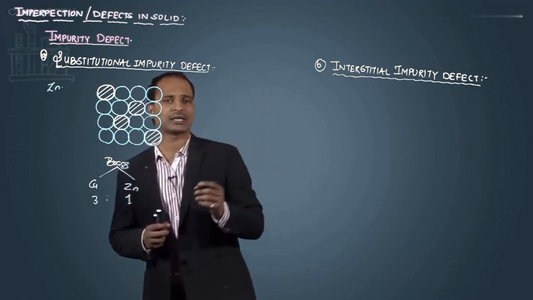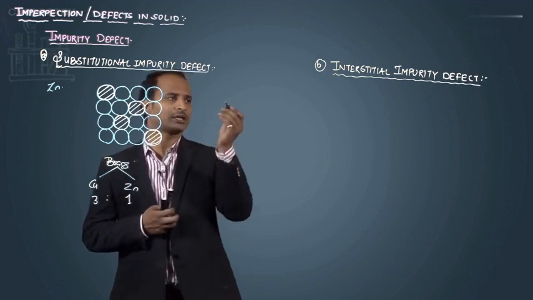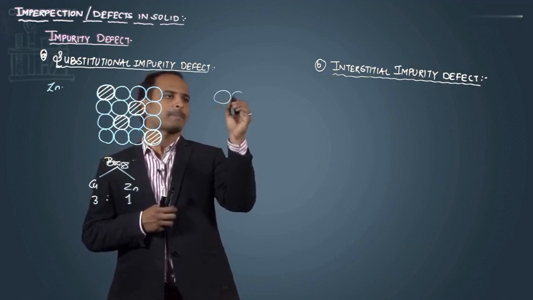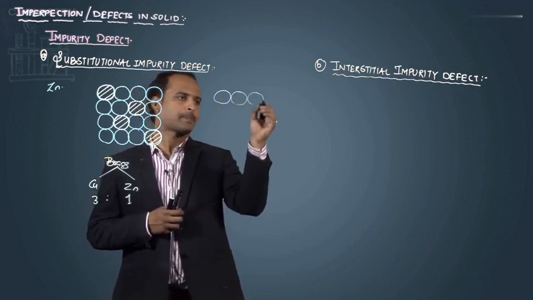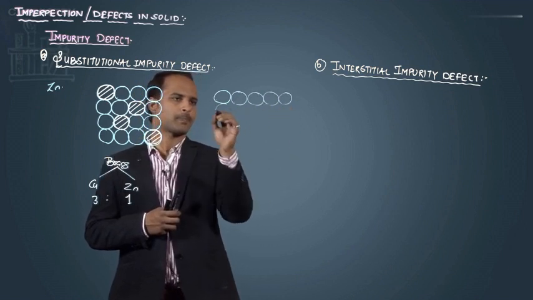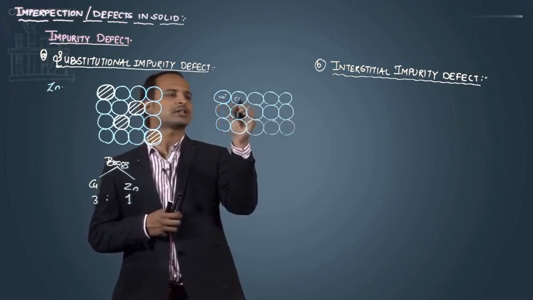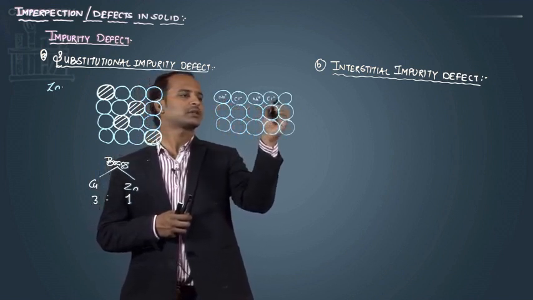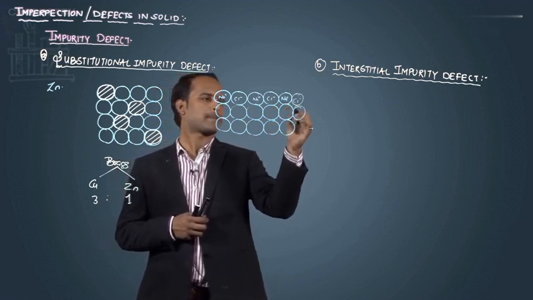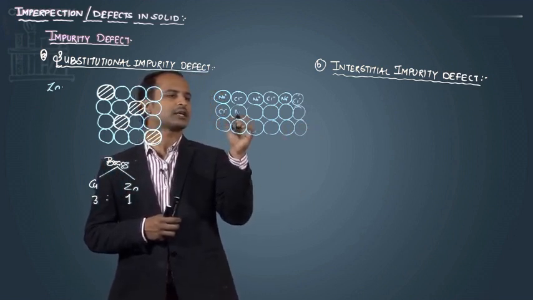Another example of this: suppose I have two solids. I have an ionic solid, Na+ Cl-, Na+ Cl-, that is sodium chloride.